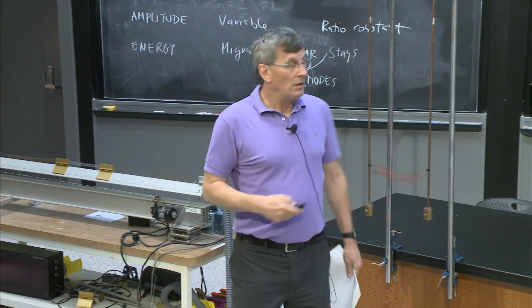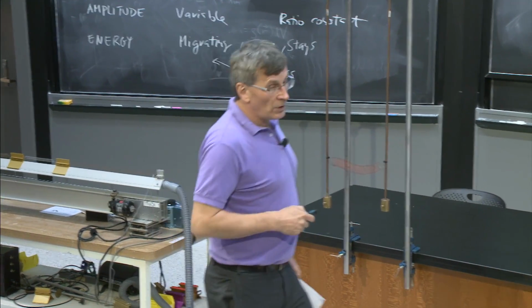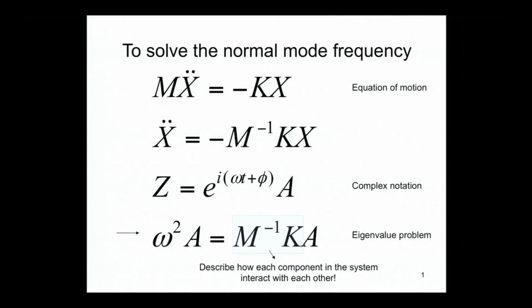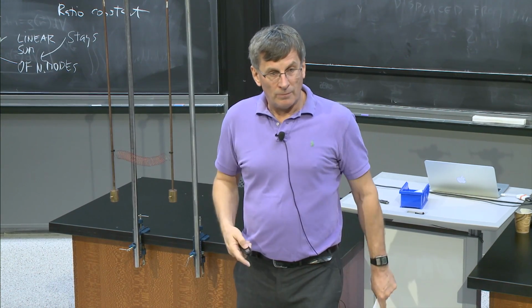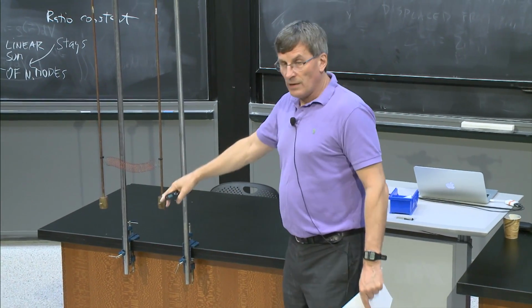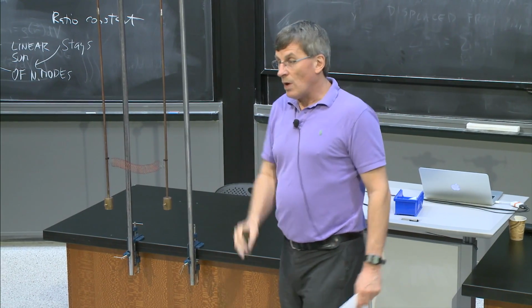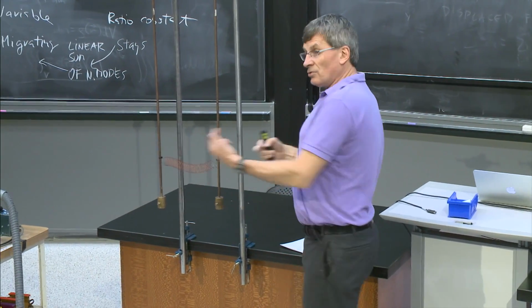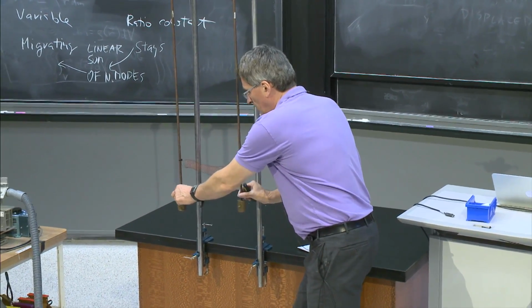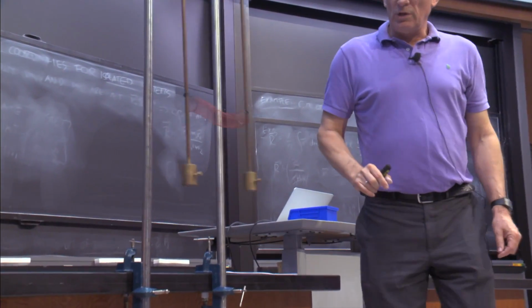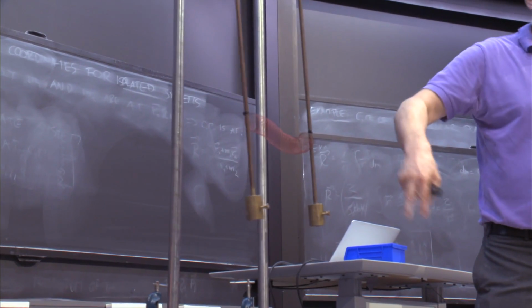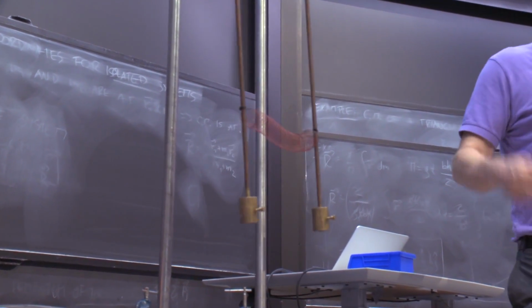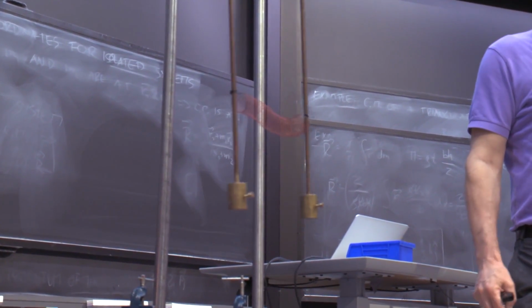And then once you know the characteristic frequencies, you can find the shape. You can find the eigenvectors. What is the ratio of amplitudes which corresponds to the mode? In the case of our two pendula, there are two of such modes. One is where both amplitudes are equal, and this corresponds to oscillation in which the two pendula are moving parallel to each other, with the spring not playing any role.